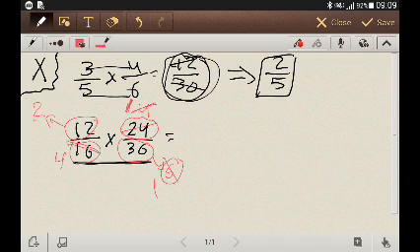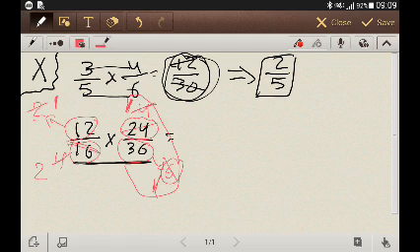I had 1 here, I have 1 here. I cannot simplify these any longer, but I have 2 on top and 4 on bottom. One denominator, one numerator, and both are divisible by the same number, so I can divide by 2: 2 divided by 2 gives 1, 4 divided by 2 gives 2.